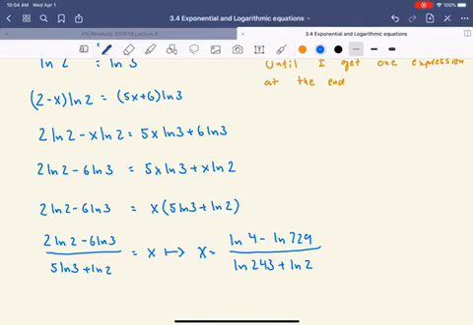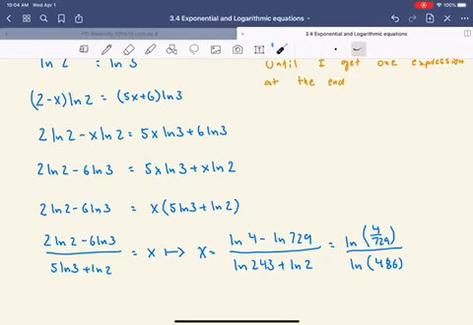Now, I can just write that as natural log of 4 over 729, over natural log of 243 times 2, which is 486. And this is a lot easier to calculate.